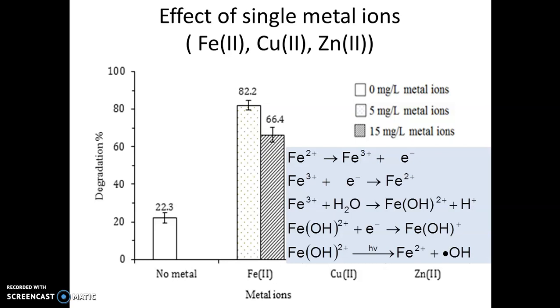However, when the concentration of Fe2+ ion was increased from 5 to 15 mg per liter, the degradation was slightly decreased to 66.4% only. This happened because the hydroxyl radical may be scavenged by a reaction involving a high concentration of Fe2+ in the solution.